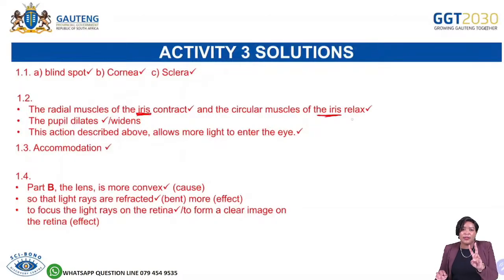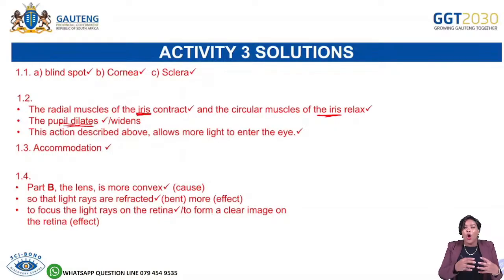Already you have 2 marks. When this happens, the pupil, remember the pupil is that space between the iris, is going to dilate or widen. This is where you are opening for more light to come in.